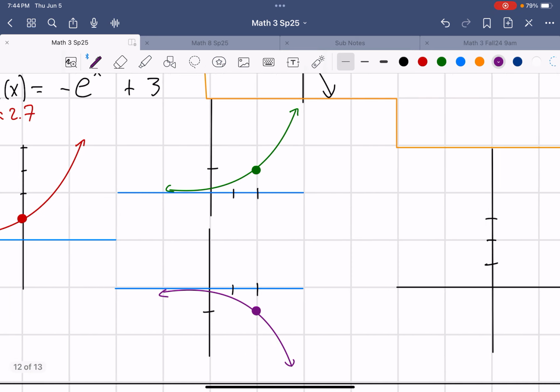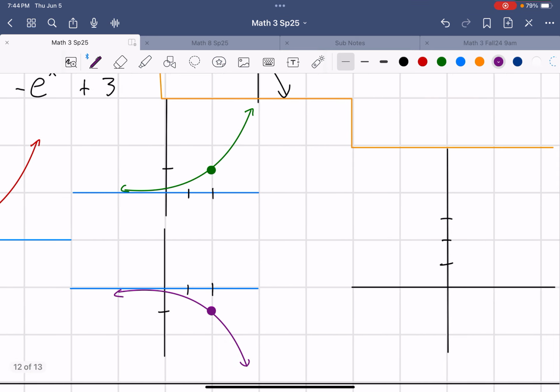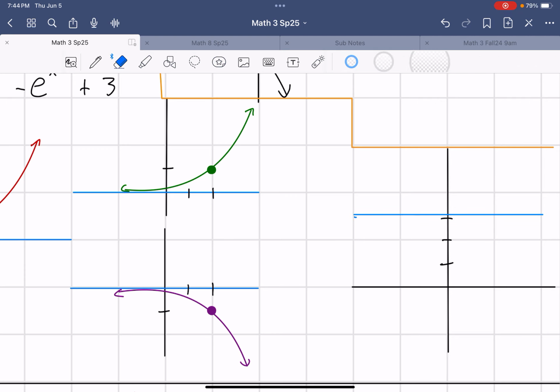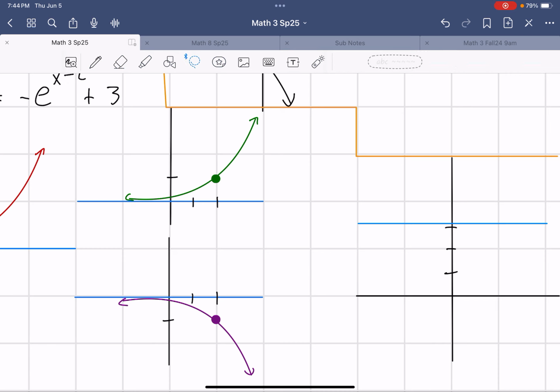And lastly, that 3 moves it up. But then what else has to move? The horizontal asymptote has to move up 3. And so does that point. That point moves up 3.